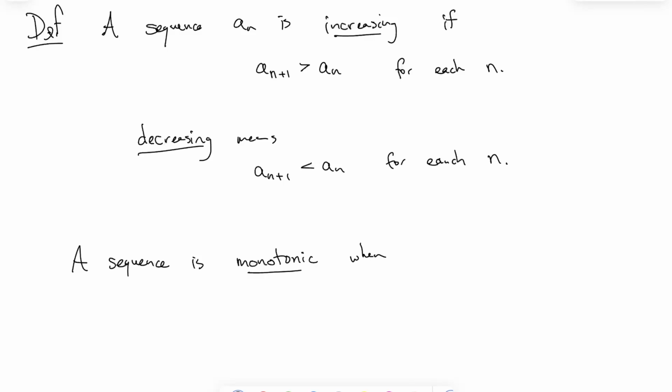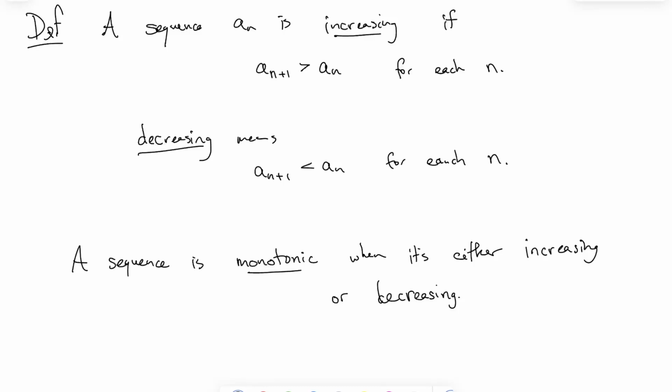when, this is a weird word, but the meaning of this word is very simple. It's either increasing or decreasing. In either case, we say the sequence is monotonic.